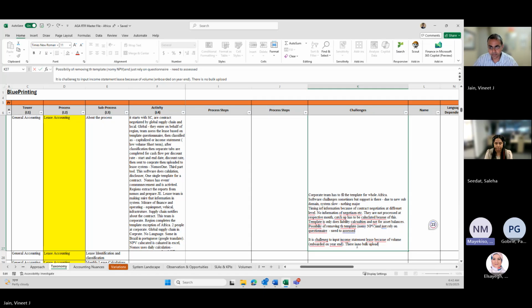So that would mean that I would lose 2 weeks of every quarter trying to catch up with putting the payments in the system, when it can be done 2 weeks once off at year end. Because the information is only required at year end for disclosure purposes. Okay. So I can classify this as a year-end extra burden, which comes from onboarding the income statement leases.